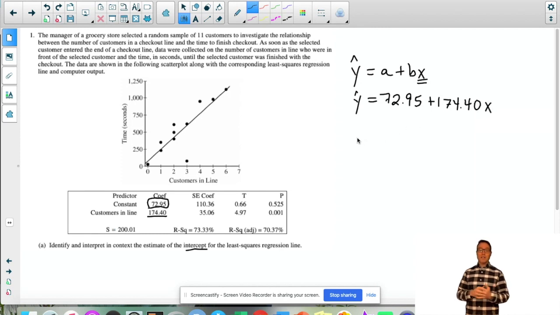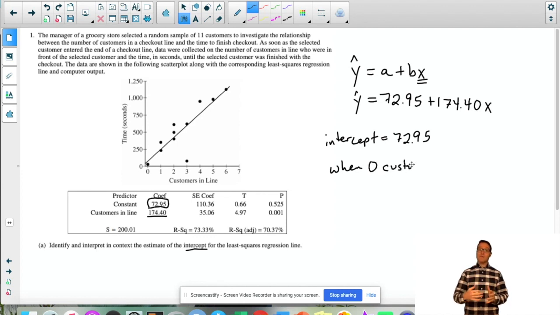So here's the complete equation of this line when we put those two together. They just want the intercept, though. So we're going to explain in context what the 72.95 represents. I'm going to write down the intercept is 72.95. The y-intercept is what you get when x equals 0, right?